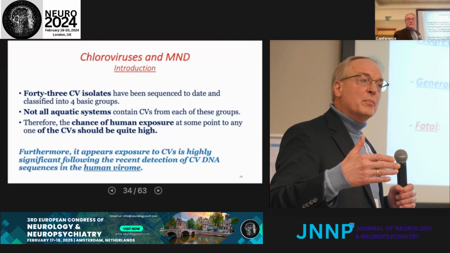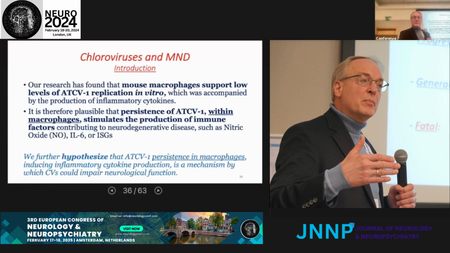As mentioned, there are 4 basic groups, 43 total isolates. Not all aquatic systems have all these isolates, but there seems to be a high chance of human exposure to these chloroviruses. Furthermore, it appears that exposure to chlorovirus is highly significant following the recent detection of chloroviral DNA sequences in the human virome. So we're stumbling across something that likely could have been pathogenic for some time.